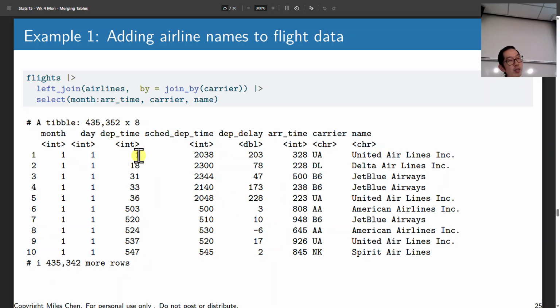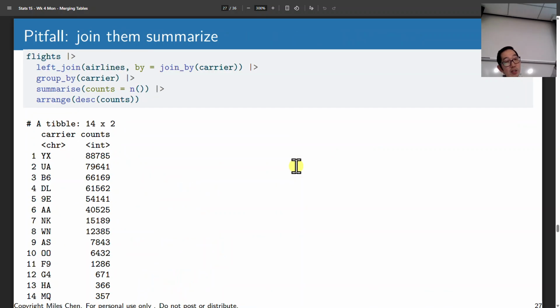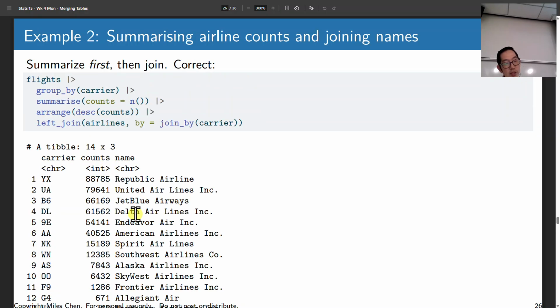Remember, when you do summarize, it's just going to say, hey, I don't care about all of these other columns, okay? We don't have the month column or the date column or whatever. It just says, all I need to know is look at the carrier. We're going to just count how many rows there are. That's what the count equals n is. And so you lose that column that had the airline names, okay? So here you just get this. So if you want the airline names, you do that.